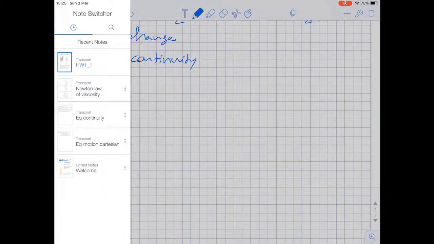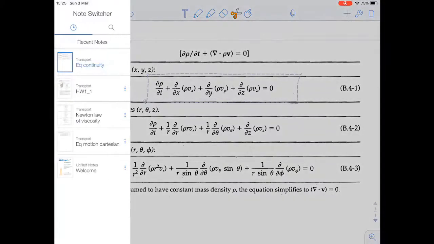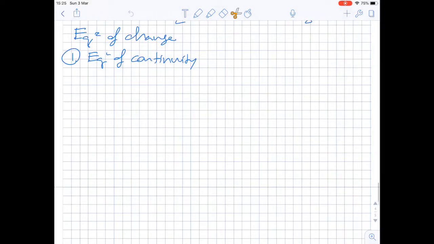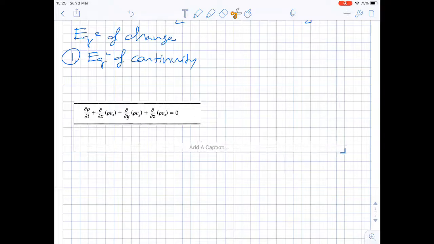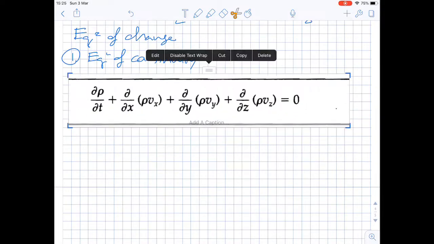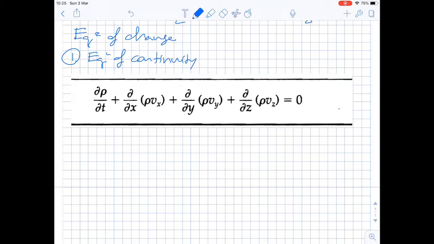Let us call it up. This is the table for equation of continuity. Just take Cartesian coordinate, copy, put it here.